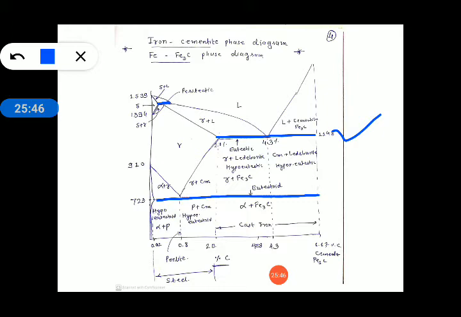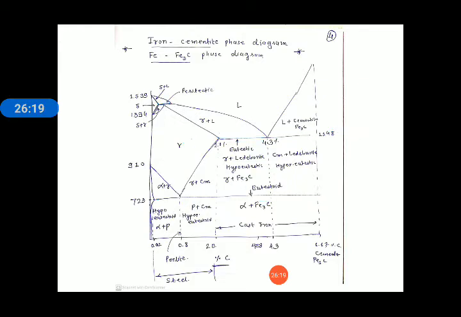This isotherm at 723 degrees centigrade is the eutectoid invariant reaction. In the eutectoid reaction, this is the gamma; after this line it cools down at 723 degrees centigrade and transforms into alpha ferrite and cementite.